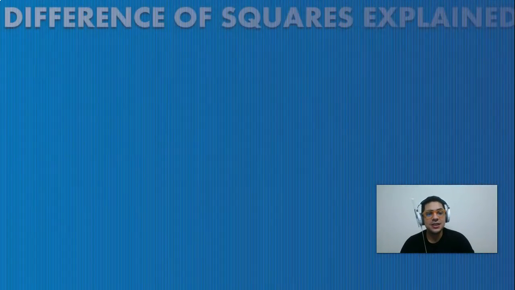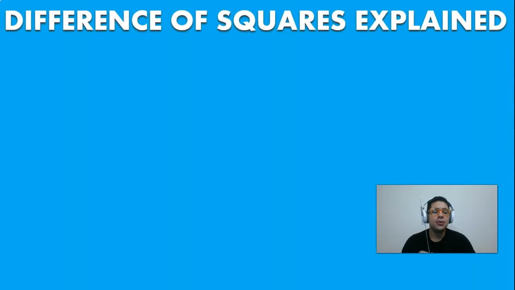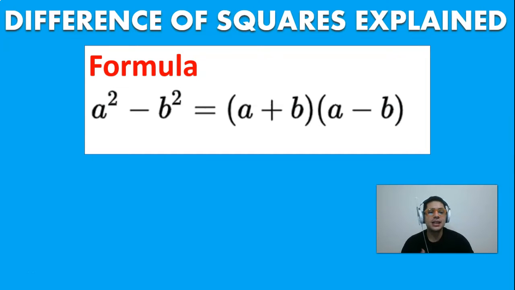So guys, the first thing we're going to be taking a look at when explaining the difference of squares is actually the formula. If we have two quantities and a subtraction of these two quantities, we can take the square root of the first one and the square root of the second one, and we can express this difference as the product of the addition of these square roots by the subtraction of the square roots.